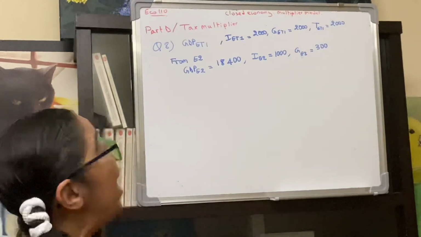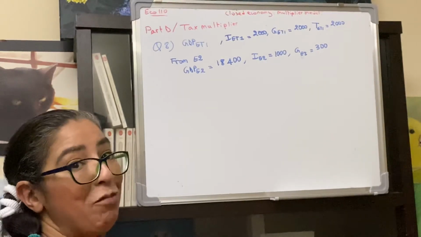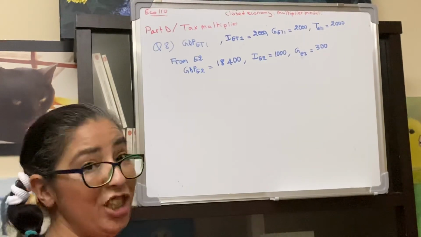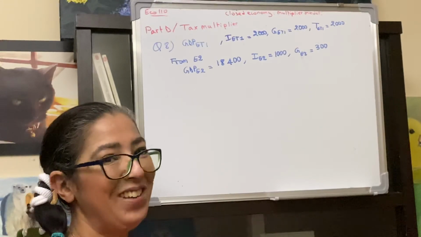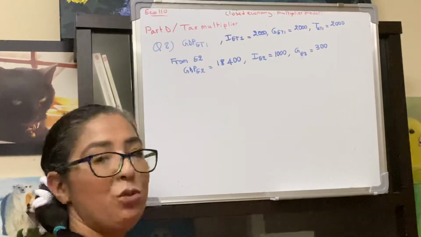Okay? You have to find exactly the same GDP as we have found before. If you find a different GDP, you have a mistake. So your result is going to be 26,000.